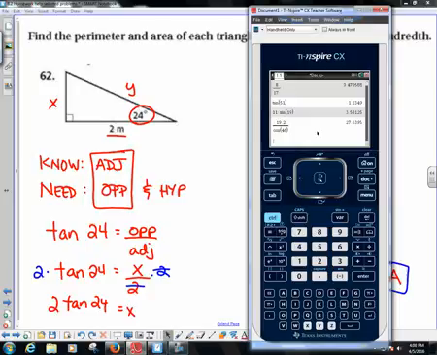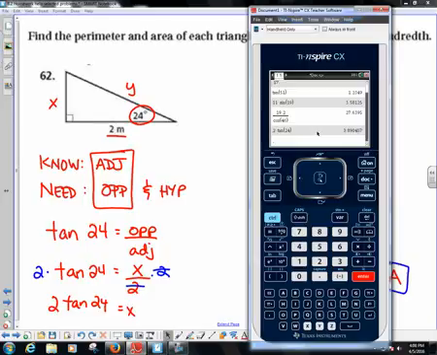I'm going to take 2 times, hit the trig button, toggle over to tangent, hit enter, and then type in 24 because that's the degrees I'm trying to find the tangent of, and I hit enter, and that says that my x is going to be 0.89.